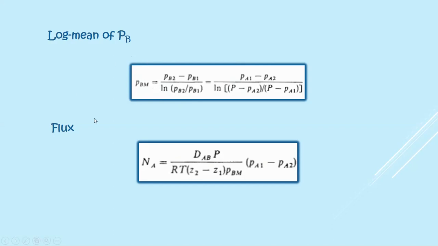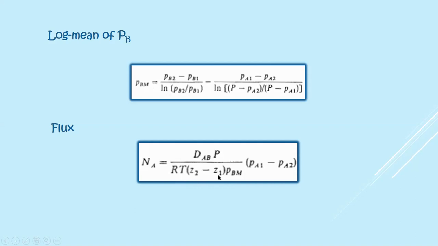Why get the P sub B? Because you need it in the formula below, together with the molar diffusivity of A to B. So with A diffusing to B, the molar diffusivity should be given by the problem, and this is the total pressure. This is the universal gas constant. This is the absolute temperature.